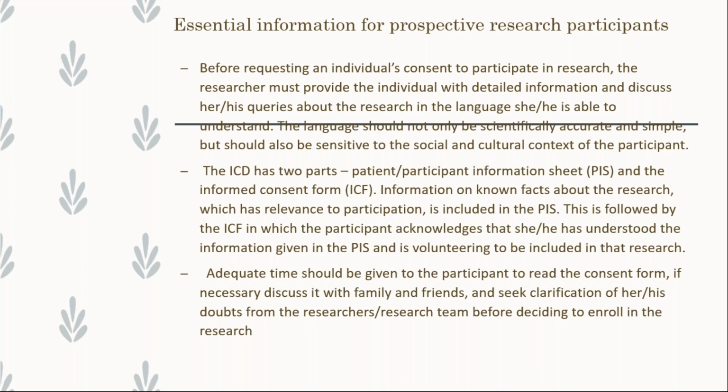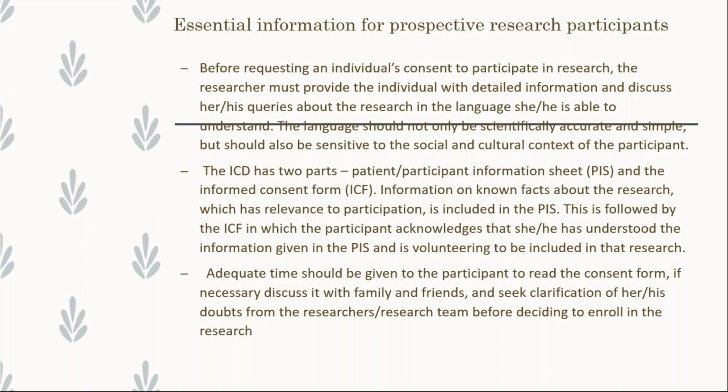After explaining all the aspects, the participant has to sign on the informed consent form. A copy of both has to be given to the participant, and the original needs to be archived by the sponsor or the researcher.